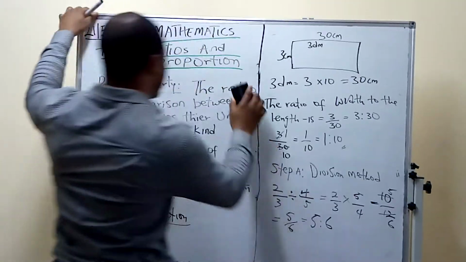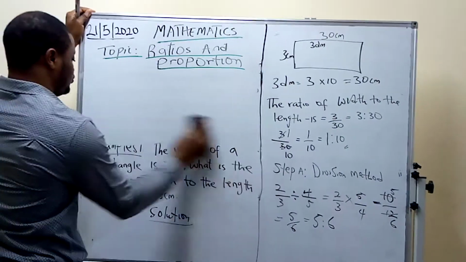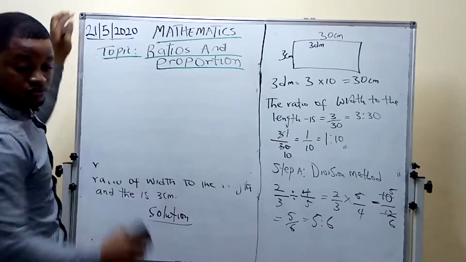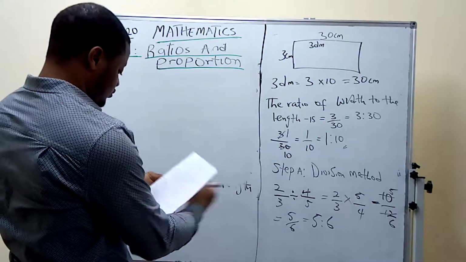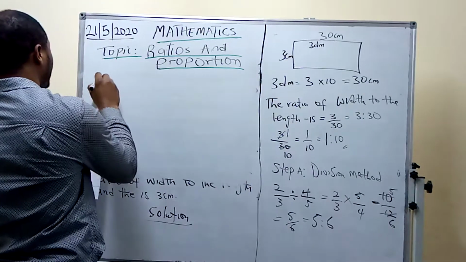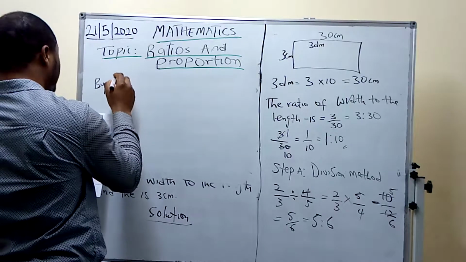Now I have step 2. Uniting method of both denominator and numerator.